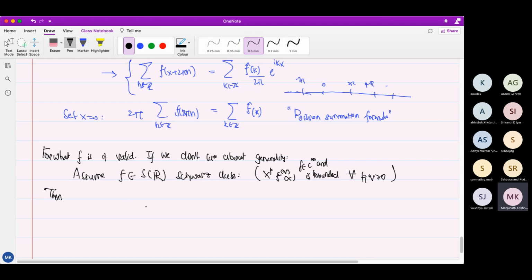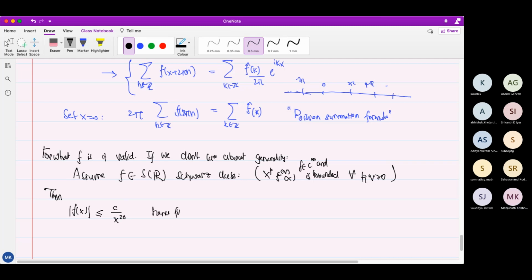And this holds, so then it is kind of easy. Because f of x is bounded by some constant over, let us say, x squared. You can put any power if you want, or x to the power 20 also. That's not a problem.